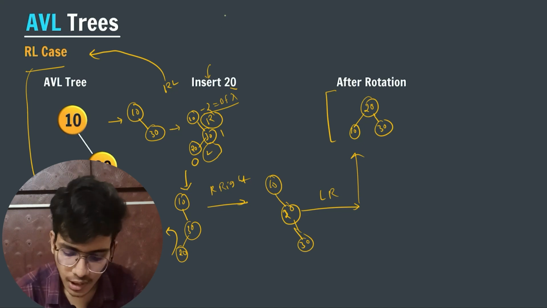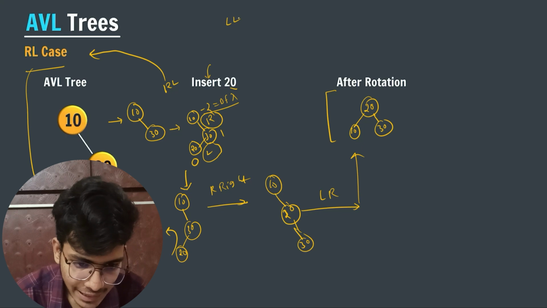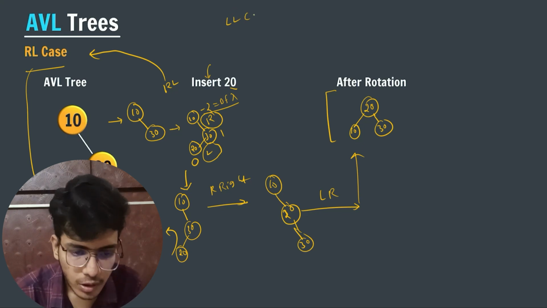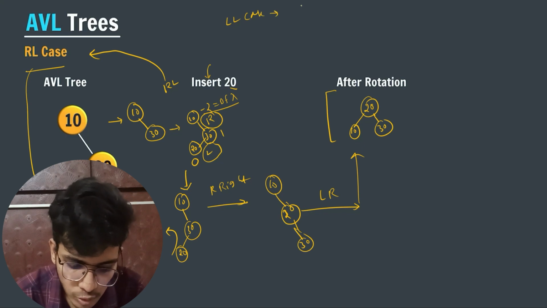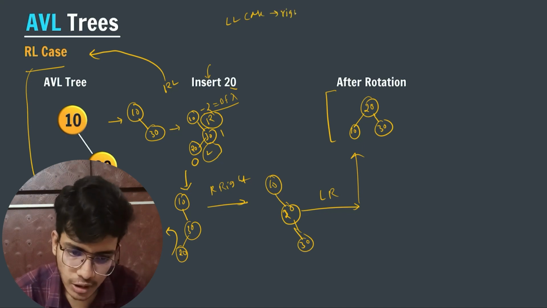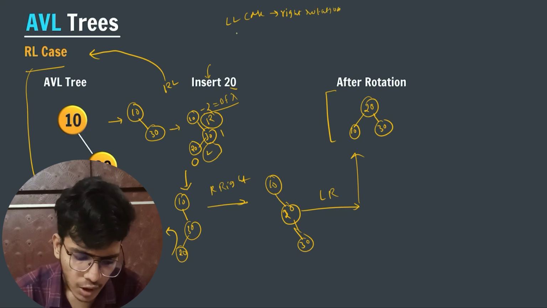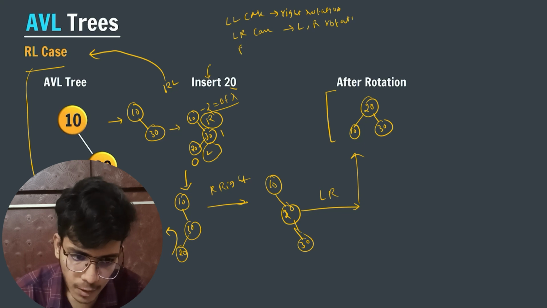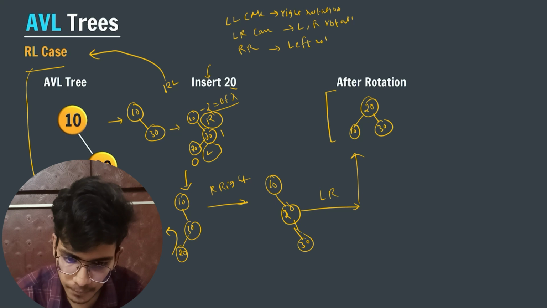Let me summarize that. If I get the LL case, adding a new node on the left side, I will perform a right rotation. You need to remember this. Whenever I get an LR case, first of all I will perform a left rotation and then a right rotation. Whenever I get an RR case, I will perform a left rotation.